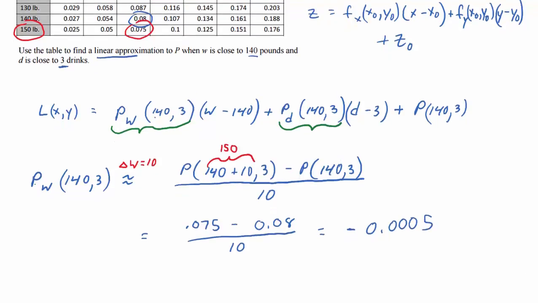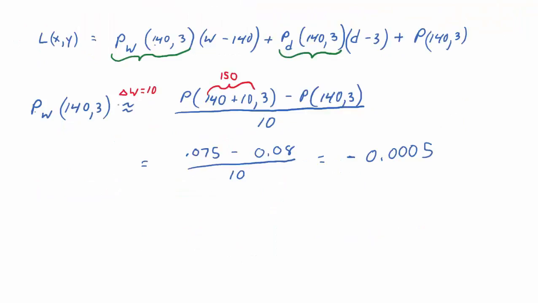But wait, we can get perhaps a better approximation by taking delta W equal to -10 and then averaging.